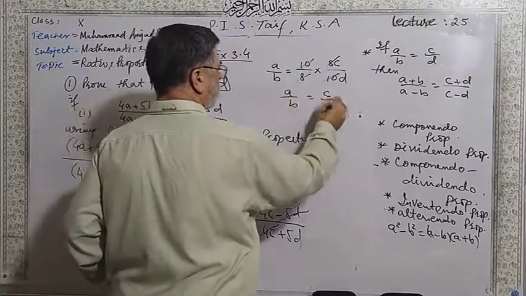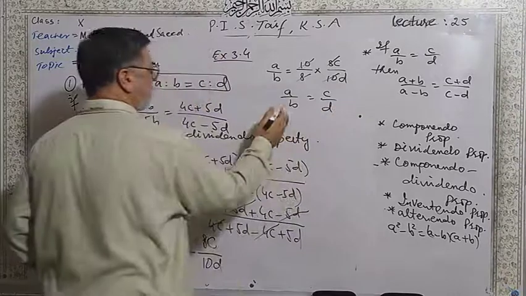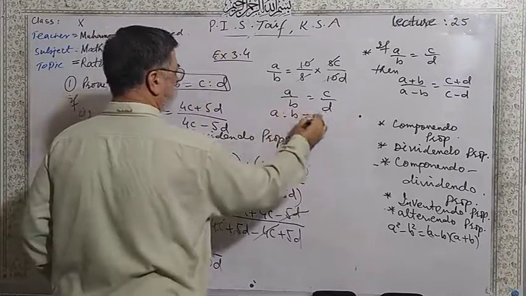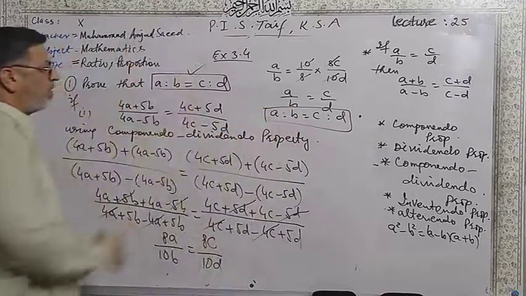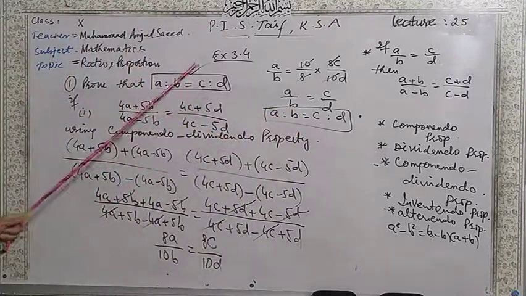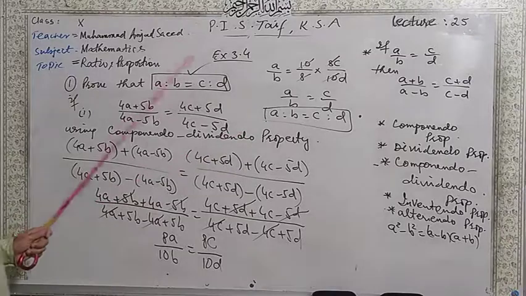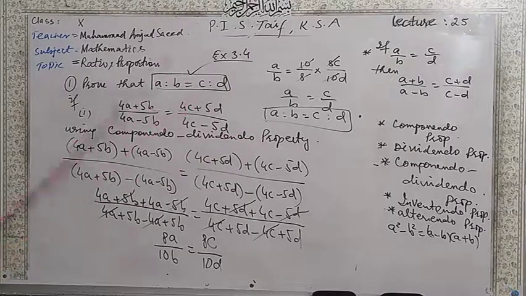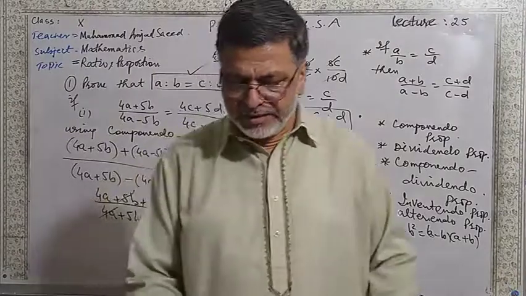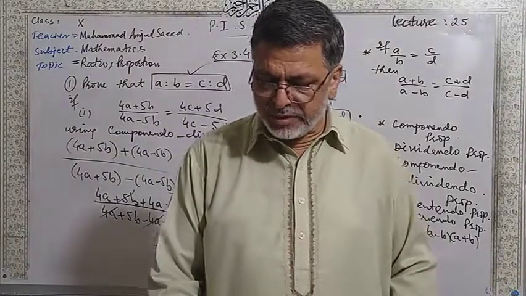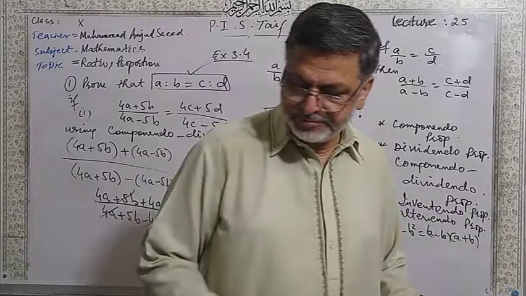A over B is equal to C over D. You know that, what about ratio? A ratio B is equal to C ratio D. Dear students, that was your required answer. So this is the way how you will find your answer with the help of given equation. After that, we have question number 2, part 2.